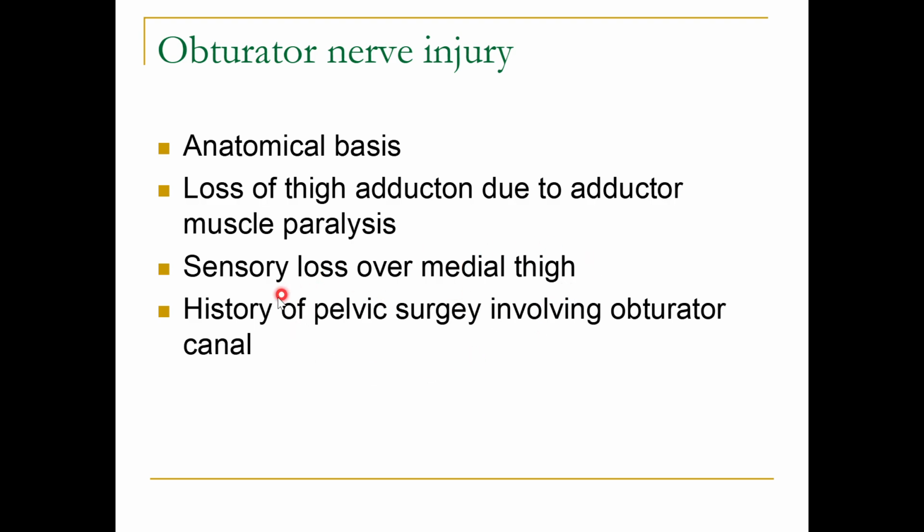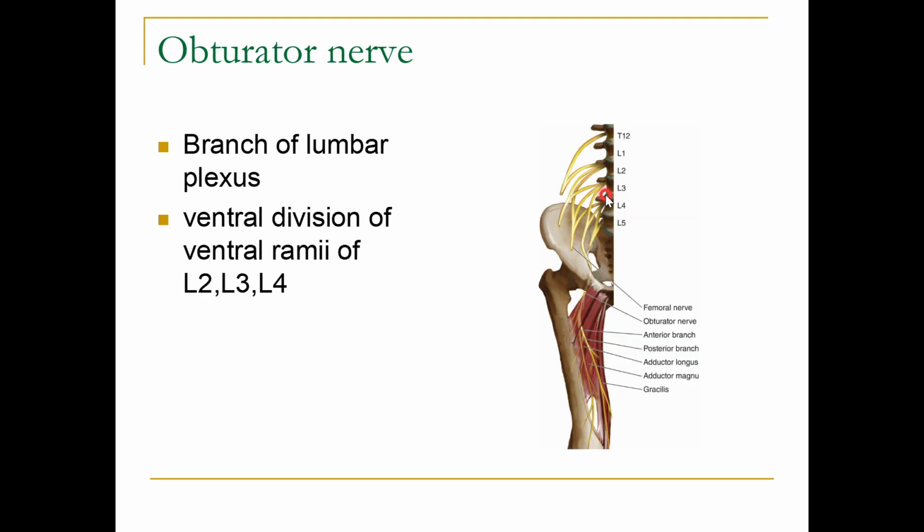And here we are seeing there is a history of pelvic surgery. During pelvic surgery, an injury to the obturator nerve in the obturator canal is one of the reasons for obturator nerve palsy. So there will always be a history of pelvic surgery resulting in obturator nerve injury.